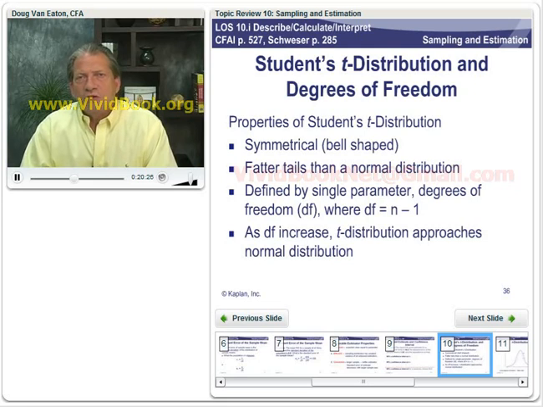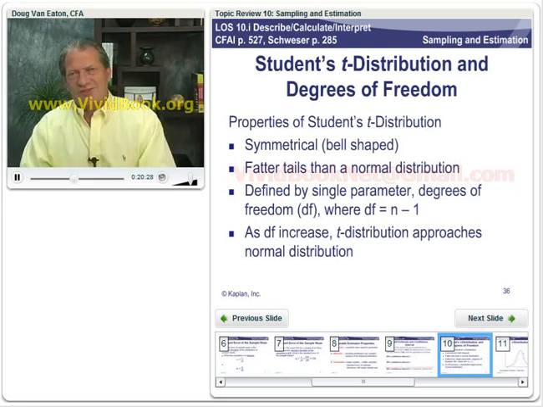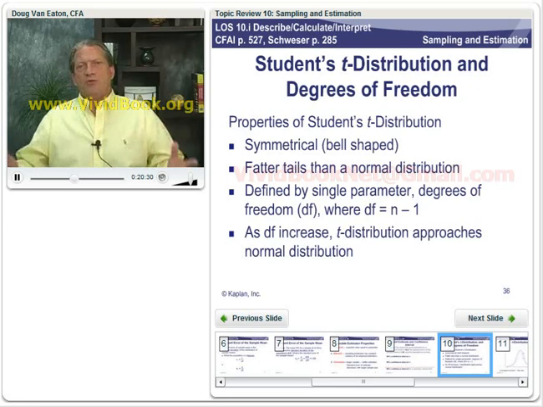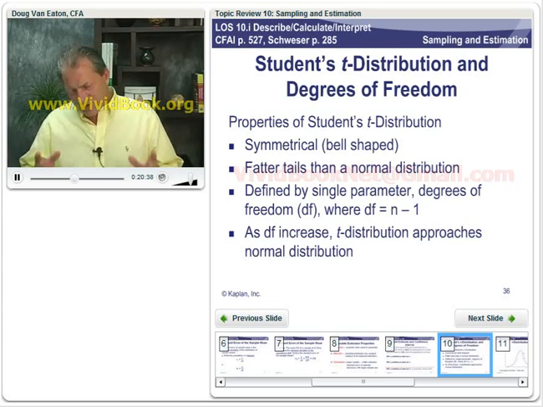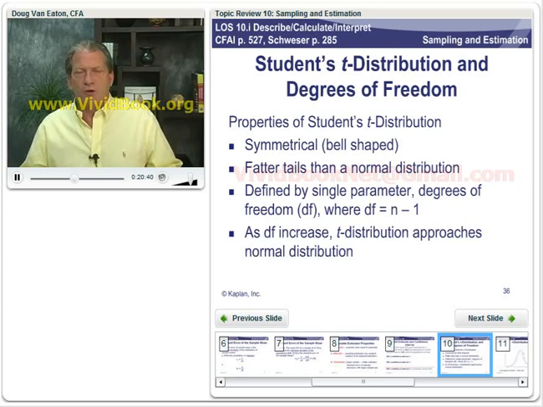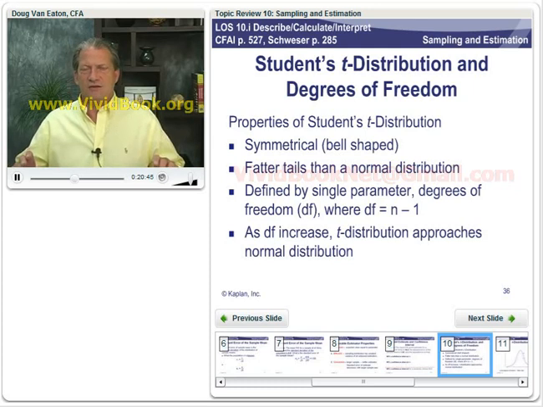Now, as those degrees of freedom increase, which is the same thing as saying as the sample size increases, the t-distribution approaches the normal distribution. So say with degrees of freedom of 30, our t-distribution has fatter tails than a normal distribution.